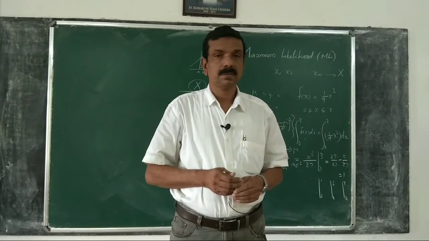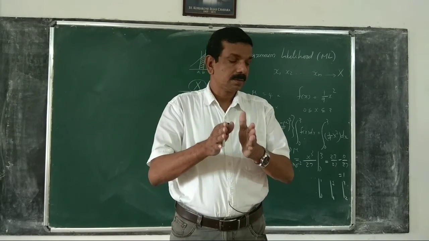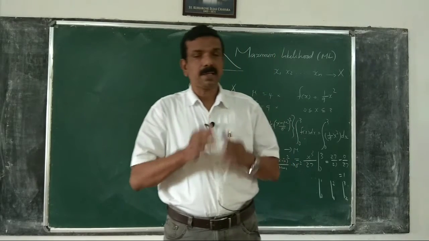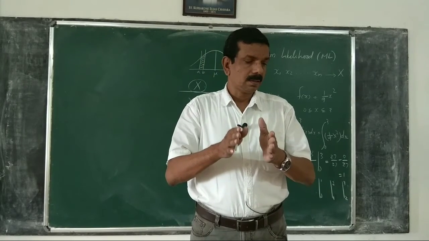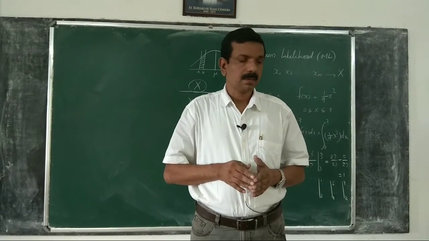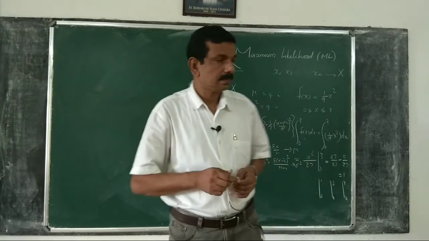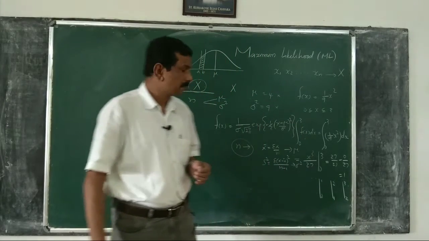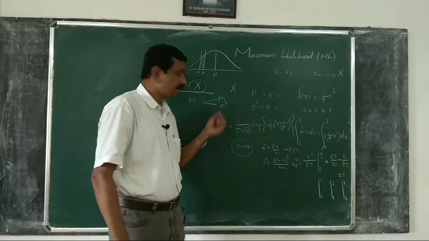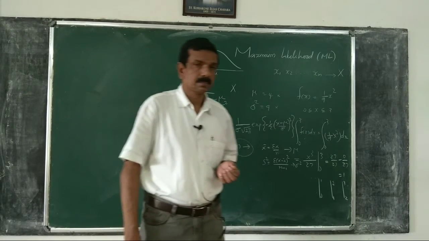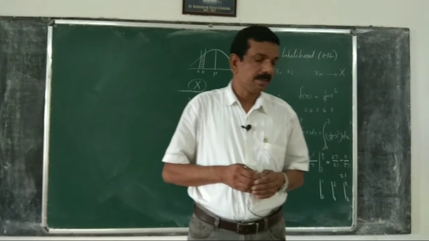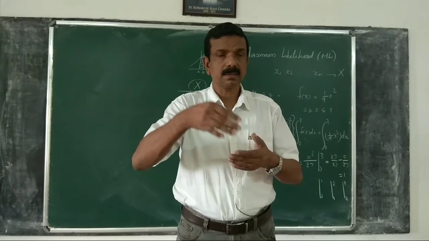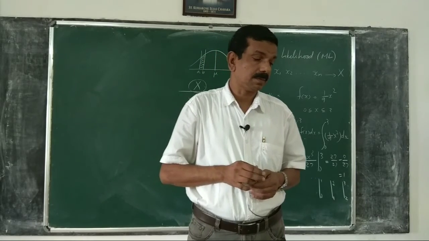The method of maximal likelihood is, we choose the population whose parameters maximize the probability of observed samples.